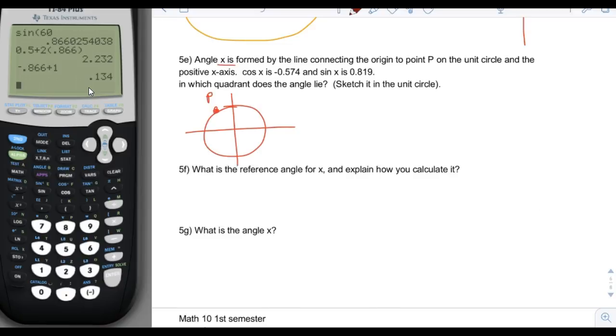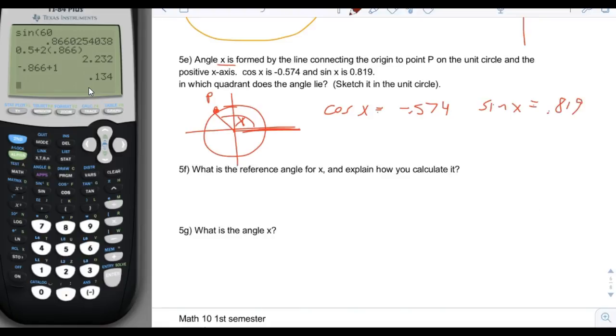Angle X is formed by the line connecting the origin to point P, origin's here, okay, and the positive x-axis, which we know is here, right? So this is the angle. The angle is called X, but we don't know exactly how big it is, okay? And then what we do know about angle X is the cosine of X is negative 0.574, and the sine of X is equal to 0.819.